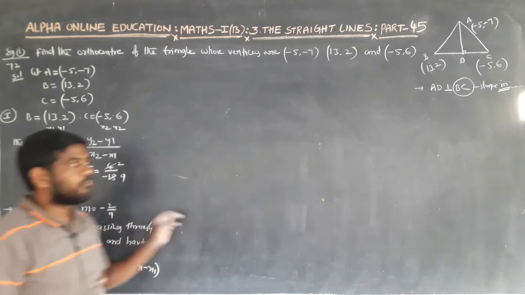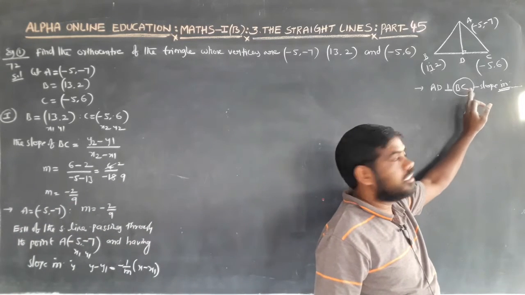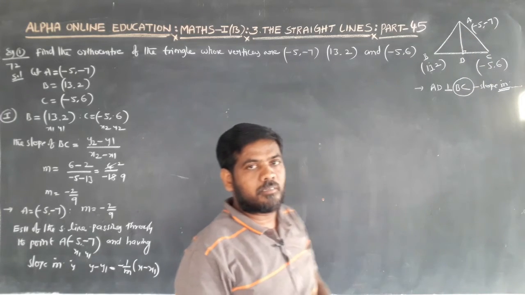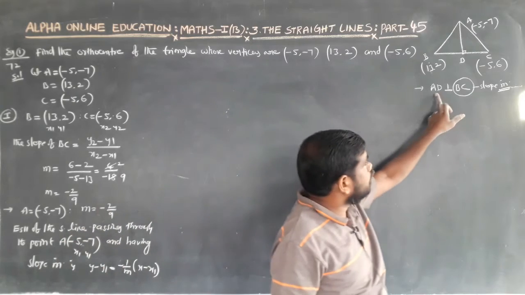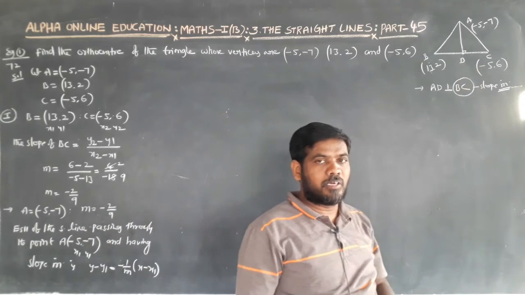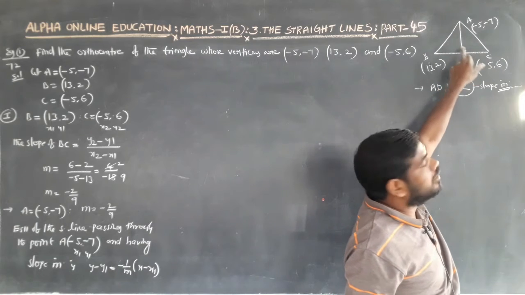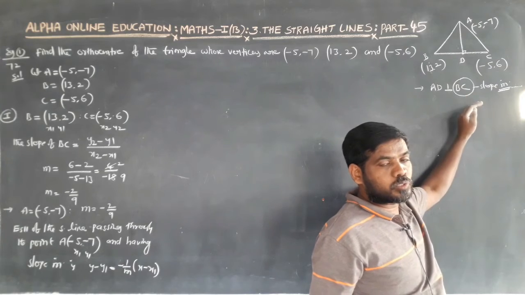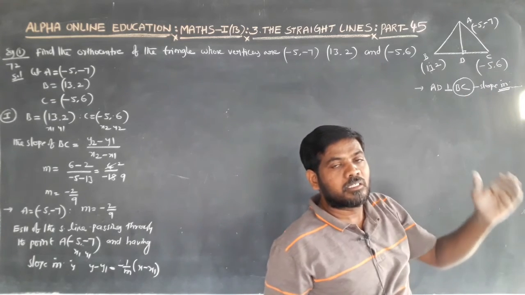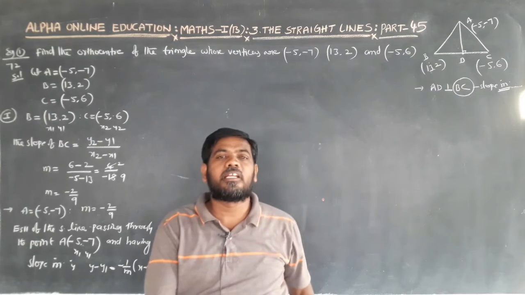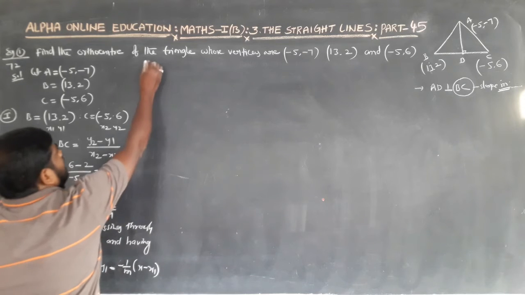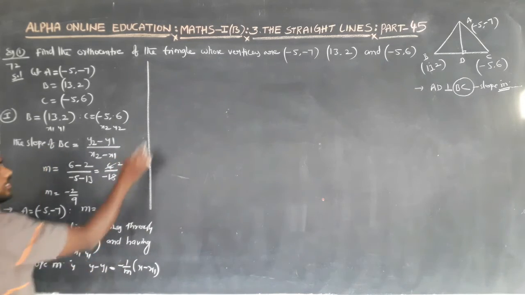Here m is the slope of the line BC, and the two lines are perpendicular, so the slope of AD is minus 1 by m.